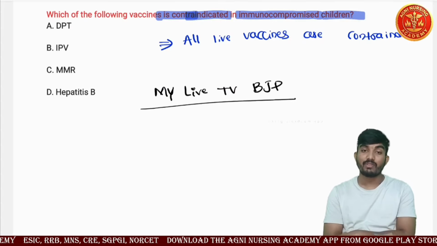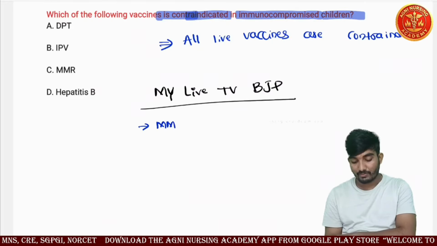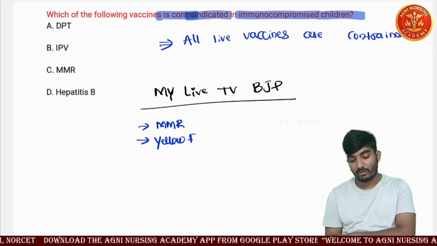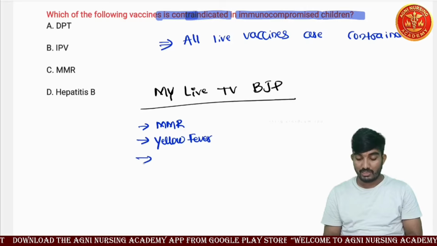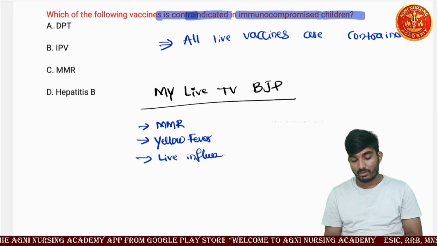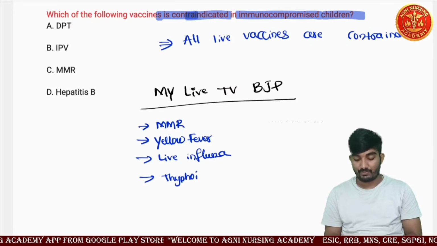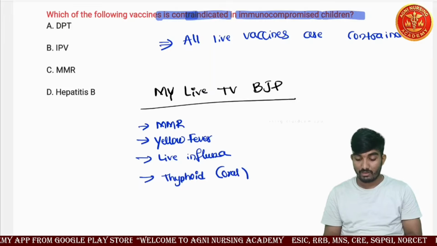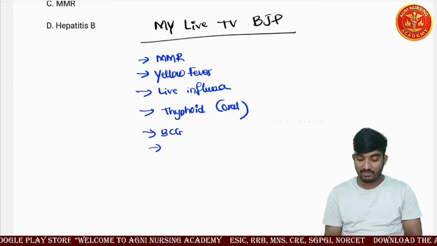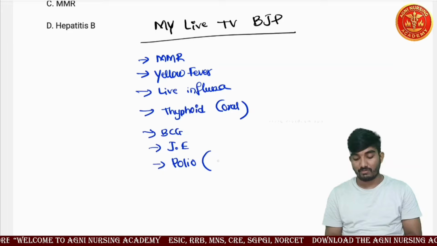The first one, M means MMR, Y means yellow fever, L means live influenza, T means typhoid, that is oral typhoid, B means BCG, J means Japanese encephalitis, and P means polio, that is oral polio vaccine.